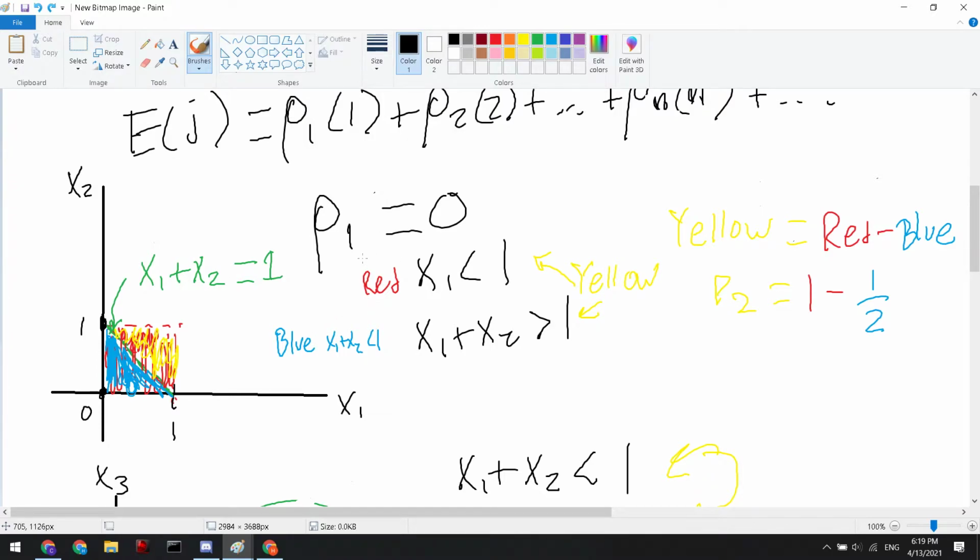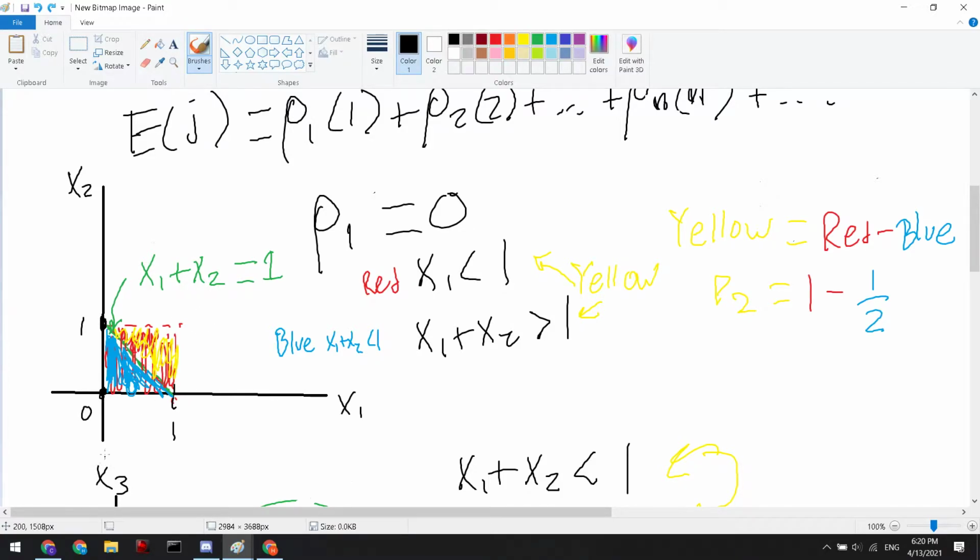Well, I know a lot of this may look intimidating, what I have drawn up here, but it's really not that bad, because what we have is, we know that when it takes 2 jumps, that means that x1 is less than 1, but x1 plus x2 is greater than 1. And I drew that area given in yellow.